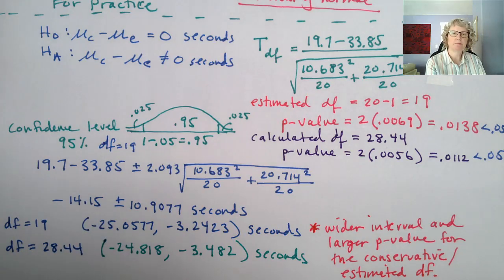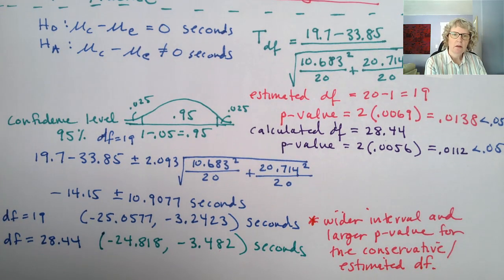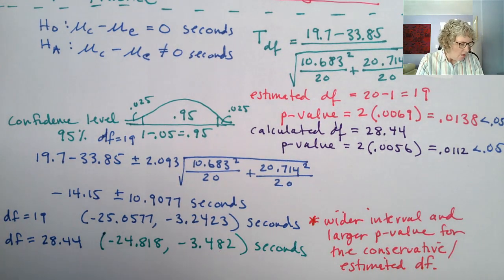Okay, pretty interesting. All right, and so I can see why if you didn't have technology readily available, you might just go with the estimated conservative degrees of freedom, right? Makes sense. Way, way easier than trying to do that formula.